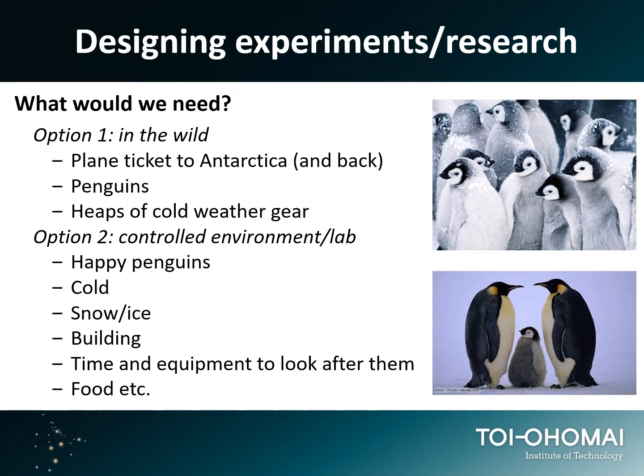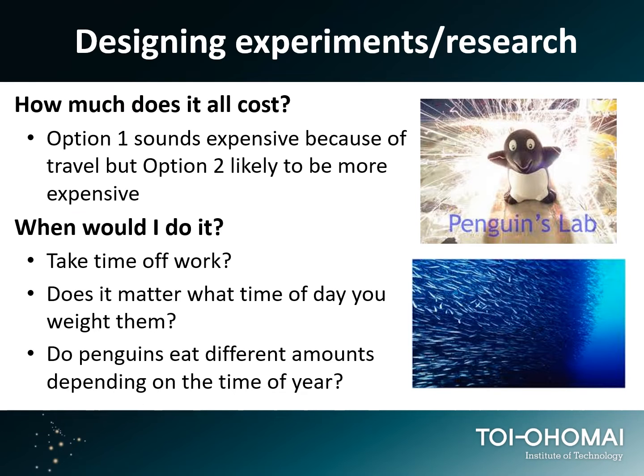And people that are going to look after them, and that's salaries, food, all of that kind of thing. And so it may sound like option one is expensive, and it is, but option two is likely to be a lot more expensive. So these are the kind of things that you want to think about when you're conceptualizing your experiment.